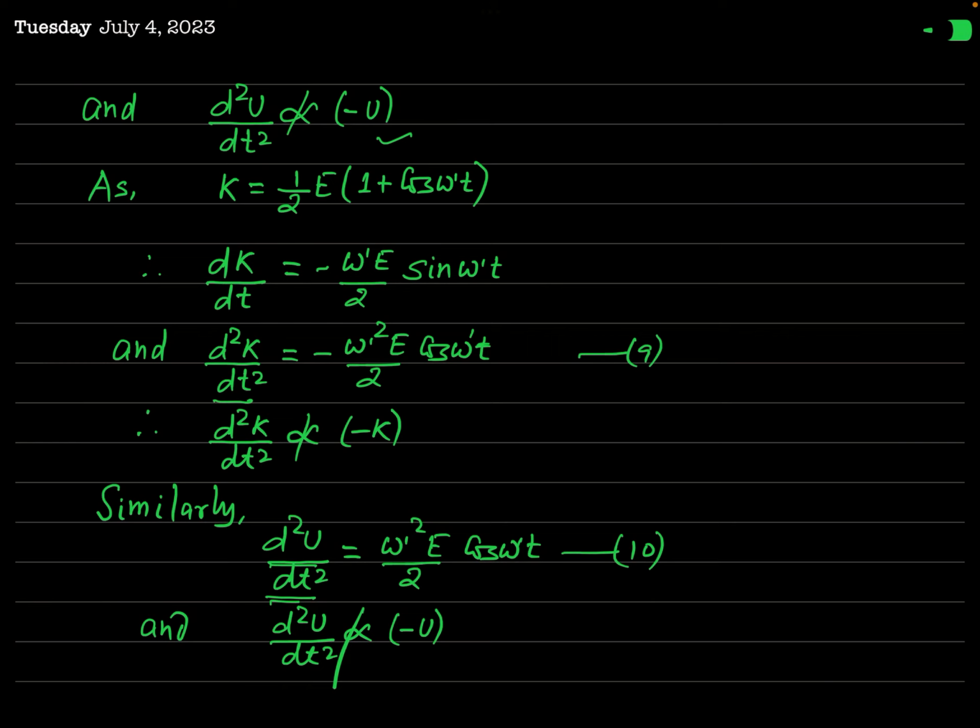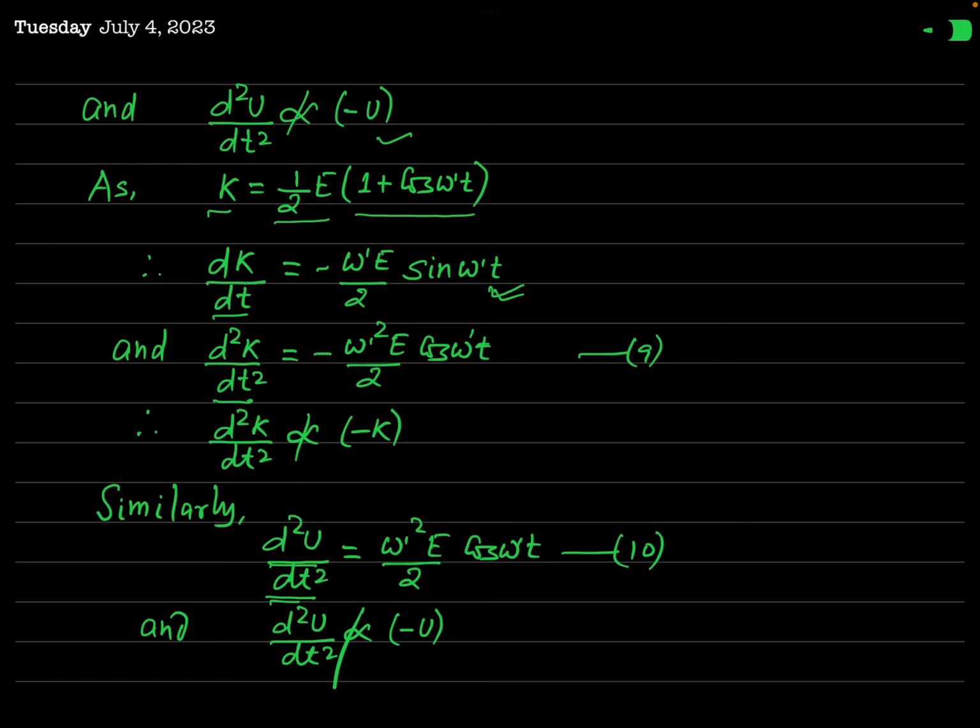And for this, let us try to obtain the second order time derivative of these two energies. As you know, k is equal to half e times 1 plus cos omega prime t. So you can find dk by dt, and this will be this much. This differentiation is very easy.